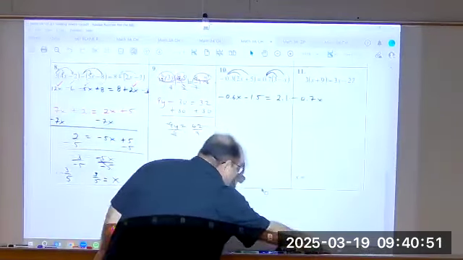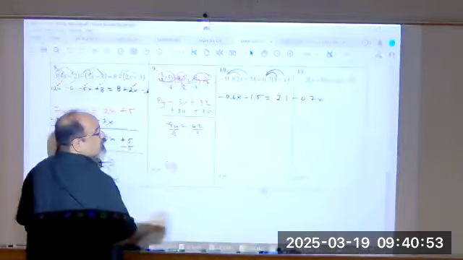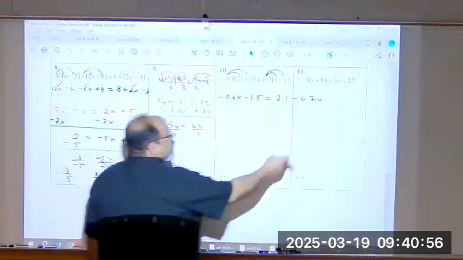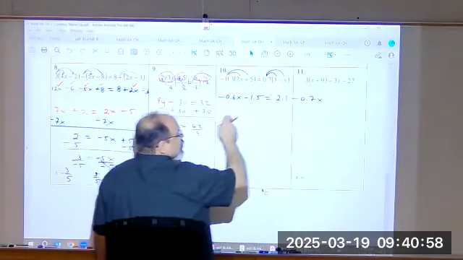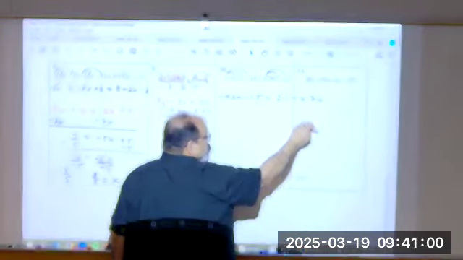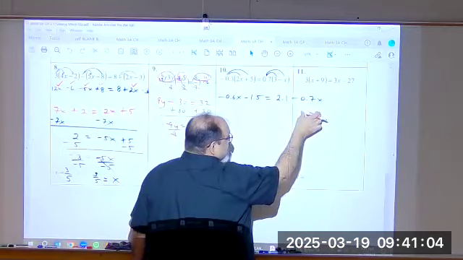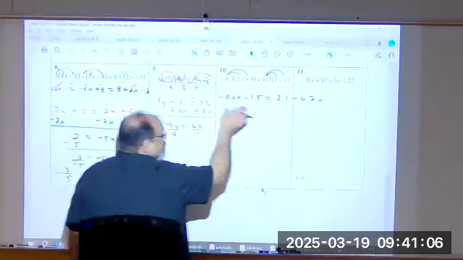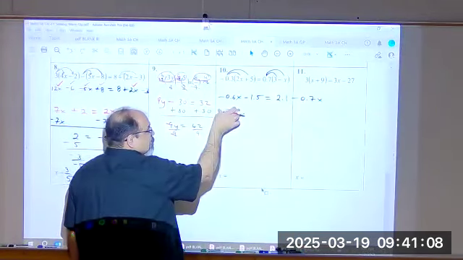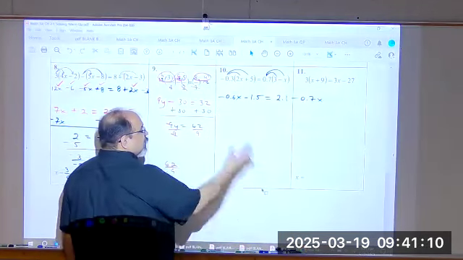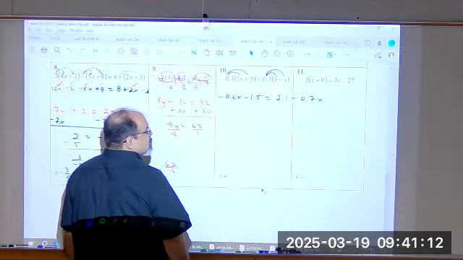So now we want to gather the variables on one side. So we're either going to bring the x's to the left or take the x's to the right. So I'm either going to add 0.6x to both sides, or I'm going to add 0.7x to both sides. So we're going to the left and to the right.